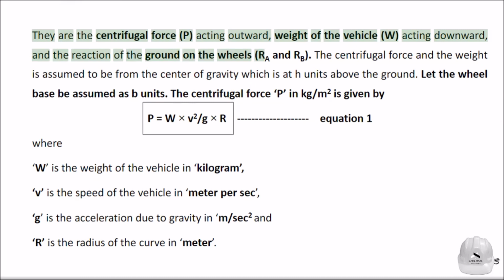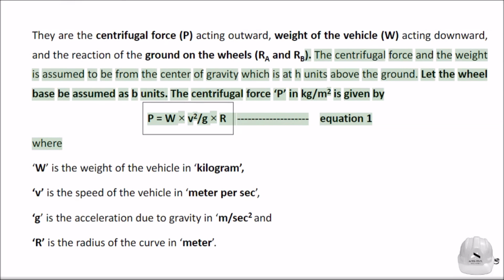They are the centrifugal force, P, acting outward, weight of the vehicle, W, acting downward, and the reactions of the ground on the wheels, R_A and R_B. The centrifugal force and the weight are assumed to act from the center of gravity, which is at h units above the ground. Let the wheel base be b units.